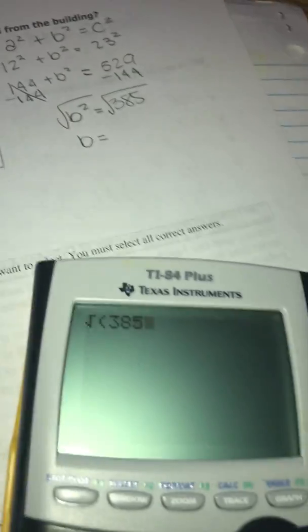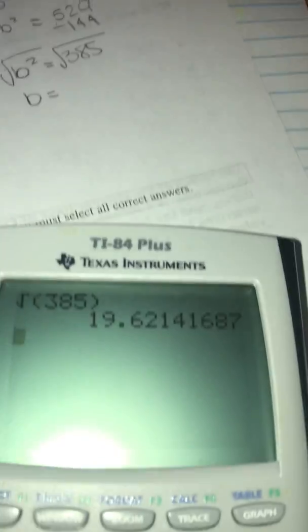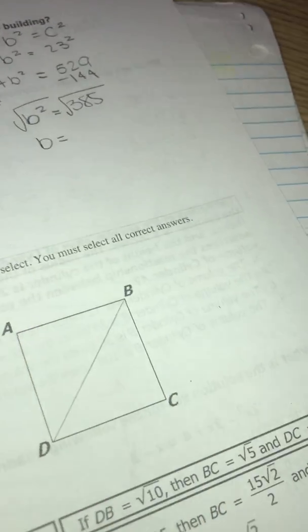B equals, let's go over here to the calculator, square root of 385 equals 19.6. Okay, so b equals 19.6. This is b. And we come over here and look at our answer choices, and we see that it is D, 19.6 feet.